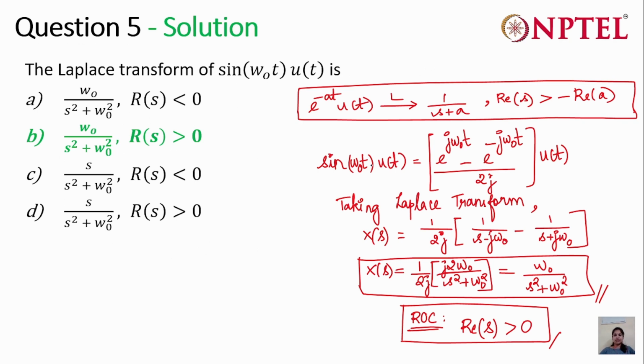So again, same way you can write sine as e power j theta minus e power minus j theta by 2j. It's a straightforward Laplace transform expression. So if you solve, you will get omega naught by s square plus omega naught square, and our ROC will be real part of s greater than 0.